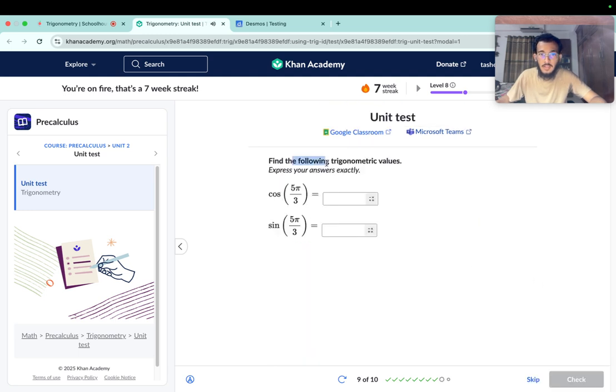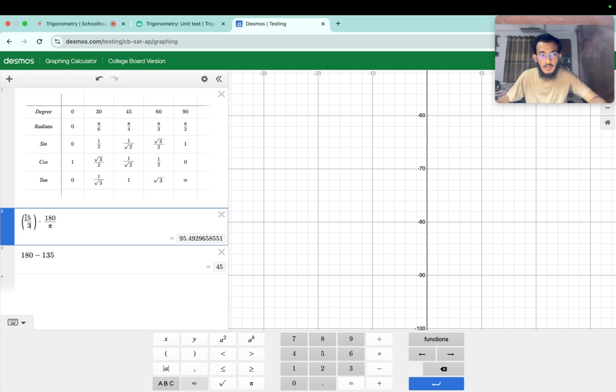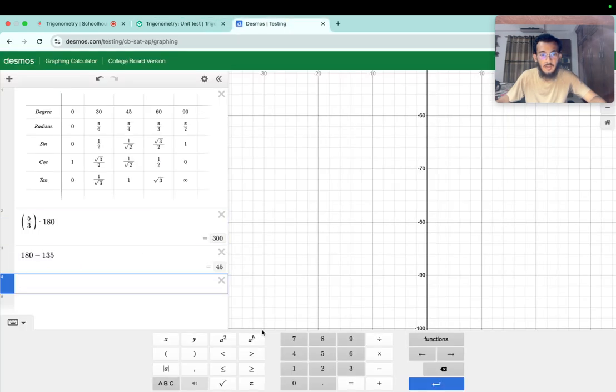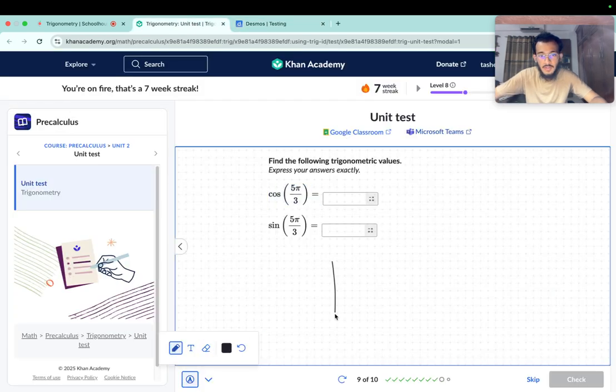Okay, we have to find the following trigonometry values. Express your answer exactly. 5 by 3 pi, so I'm ignoring pi, this is 300. 5 by 3 pi is 300. So they're asking us to find cos 300. Cos and sine of 300 is here in the fourth quadrant.